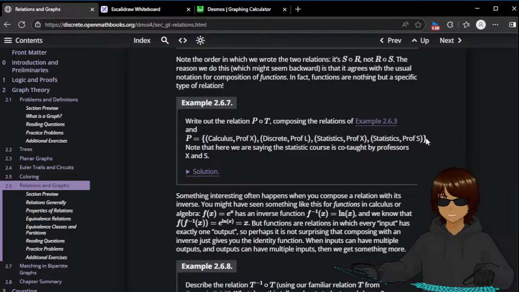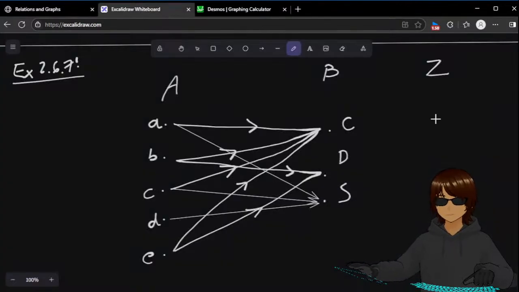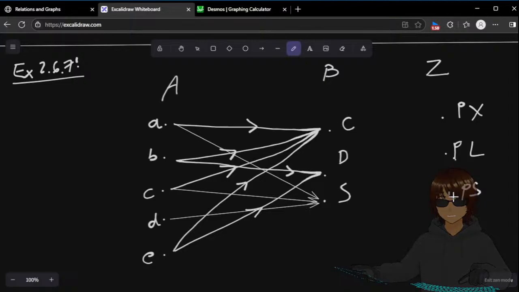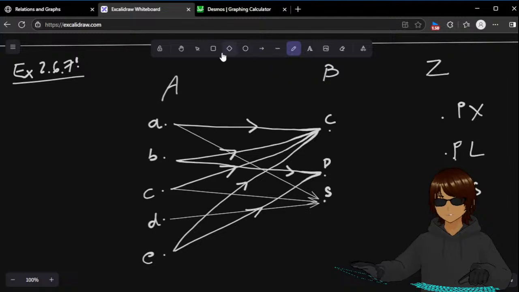So we have X, L, S, X, and P, X, P, L, and then P, S. So we have C, D, S.